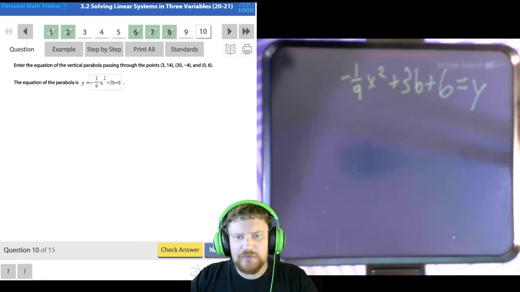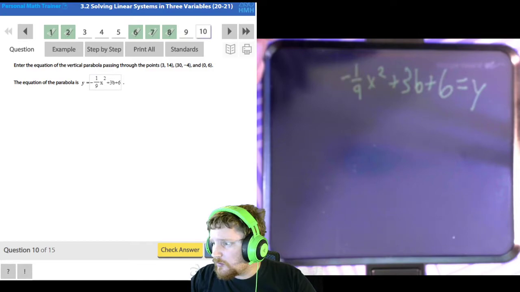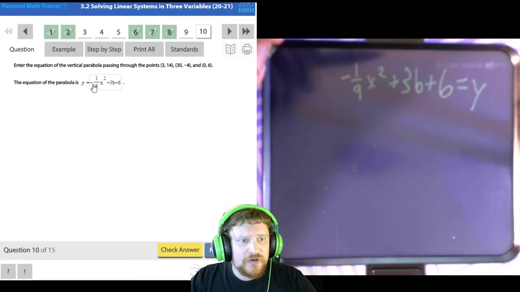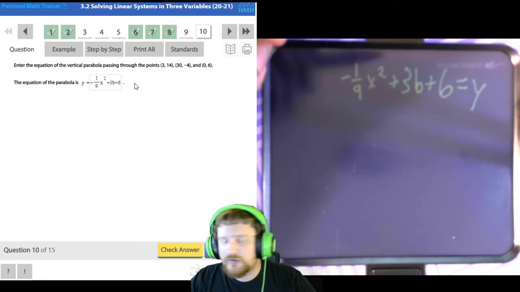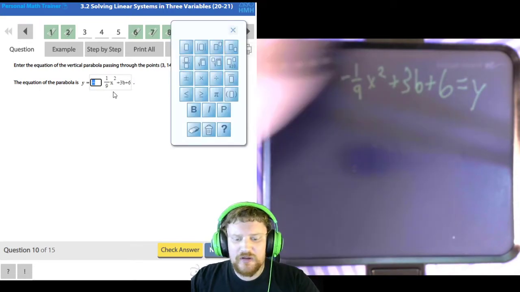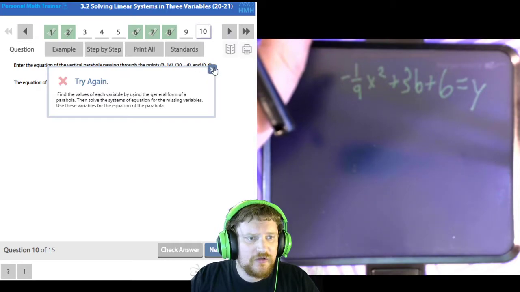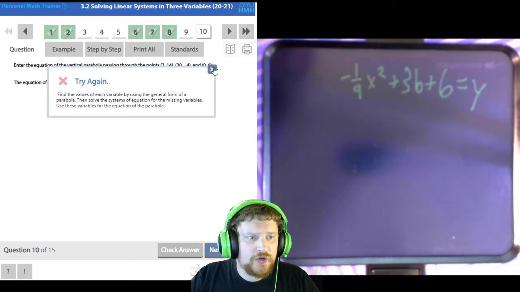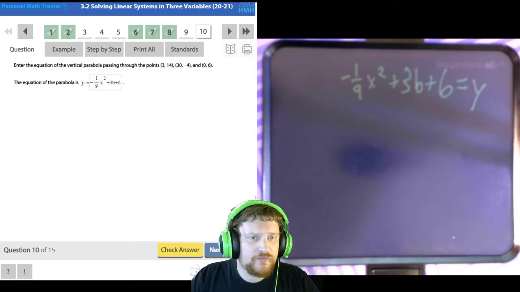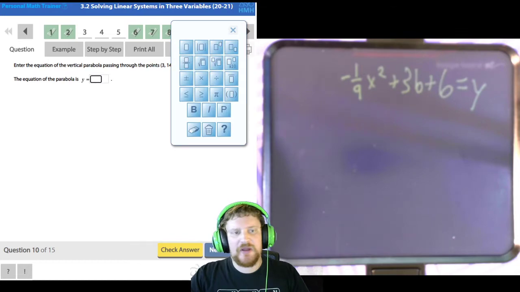Double check Desmos and make sure I've got the right answer. Do I not like that being the sign that I used for negative? I don't know why they don't like this, so what I'm going to do is trash this whole thing and try to type it back in myself.